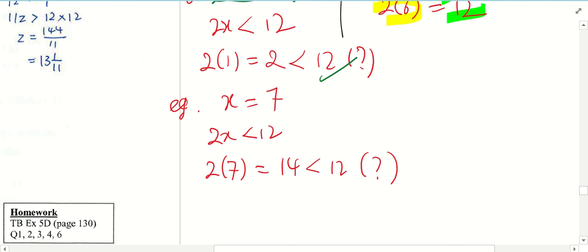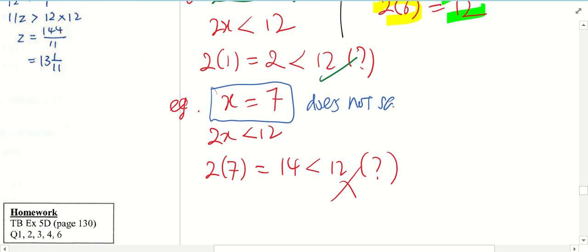No, the answer is no. It is not smaller than 12. Therefore, x equals 7 does not satisfy the inequality. All right, so this is what we mean.